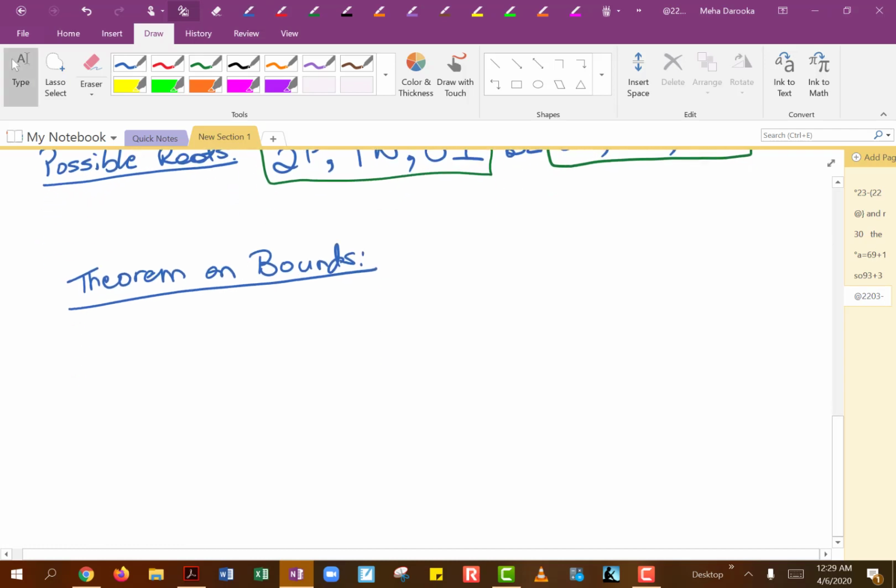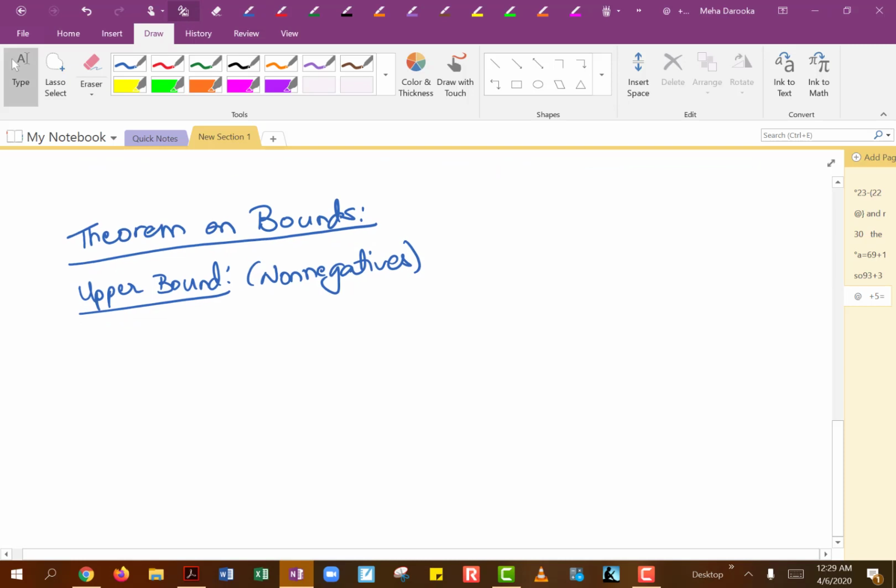So for theorem on bounds, let's start by talking about the upper bound. Remember guys, for the upper bound, you are looking for non-negatives, right? So we would start dividing by positive 1.